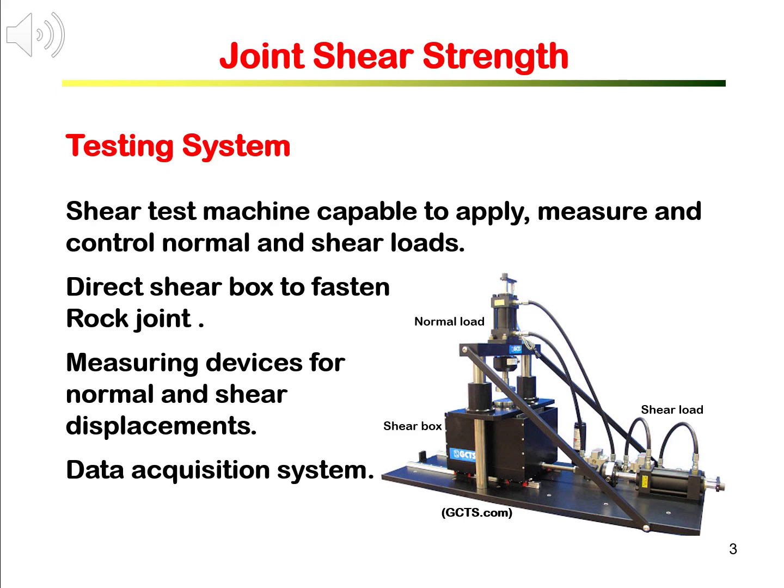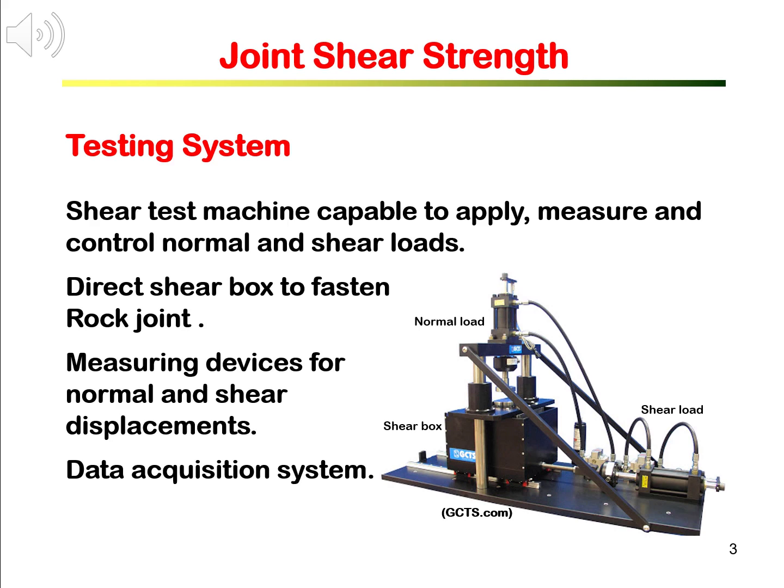The shear test system should have measuring devices for normal and the shear displacements. We will elaborate the load and displacement measurement in the next slide. Measurements of load and displacements are recorded by data acquisition system.